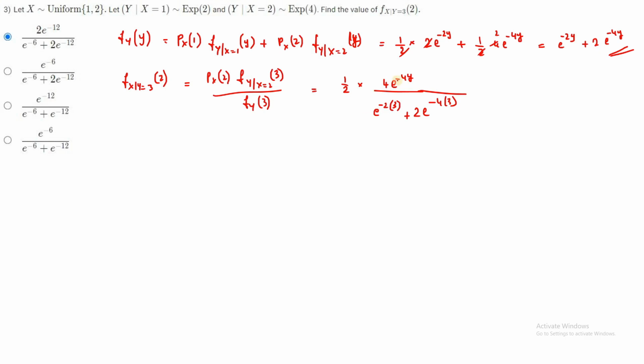So this is not y, this is 3. So upon simplifying, we'll have 2 e to the power of minus 12, whole divided by e to the power of minus 6 plus 2 e to the power of minus 12. So which is the first option.